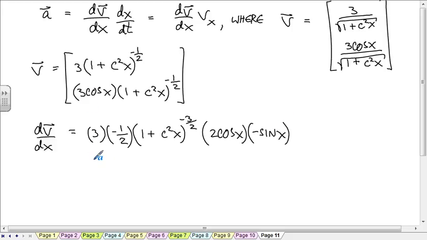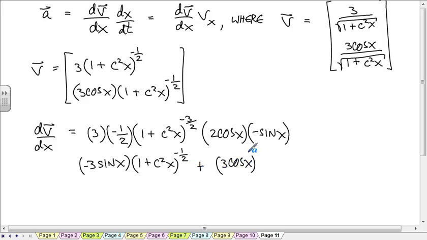And then the second one is negative 3 sine x times (1 plus cosine squared x) to the minus 1/2, plus 3 cosine x times negative 1/2 times (1 plus cosine squared x) to the minus 3/2 times 2 cosine x times minus sine x.